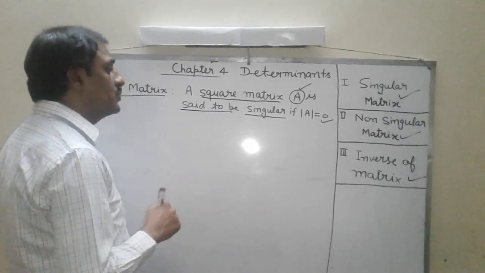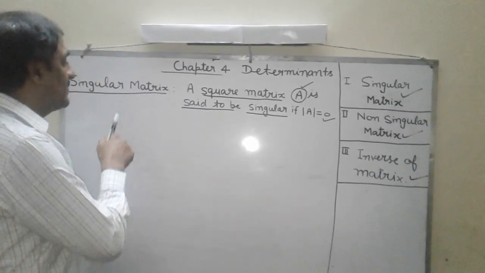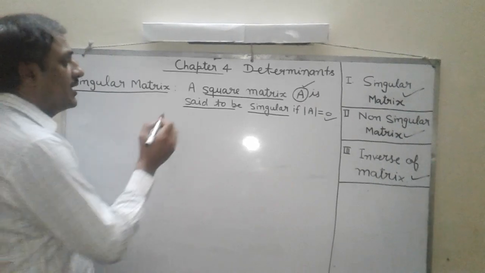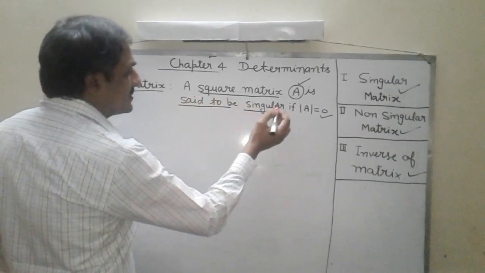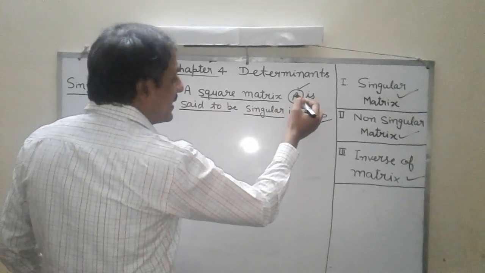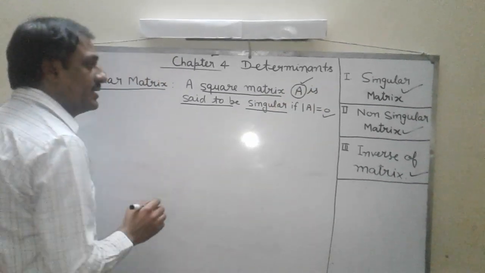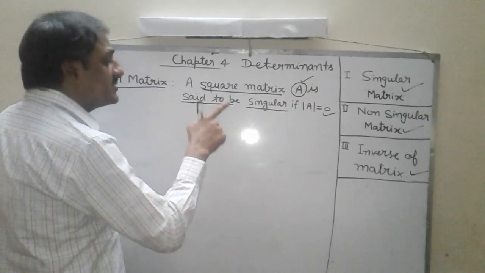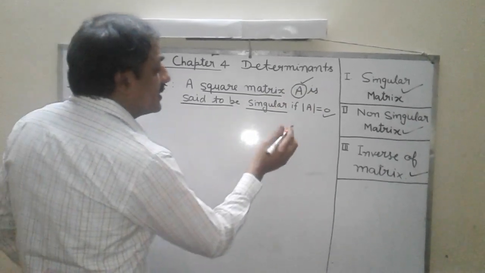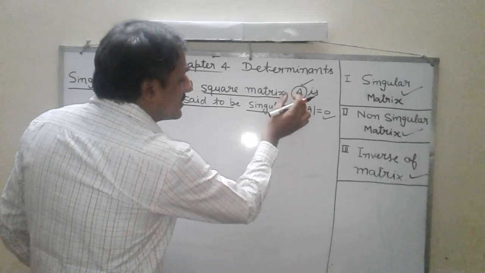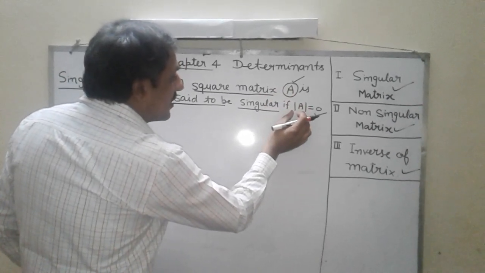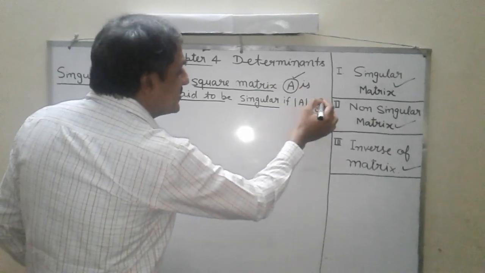Now I am going to repeat the definition of singular matrix. A square matrix A is said to be singular if the value of the determinant of the given matrix is equal to 0.